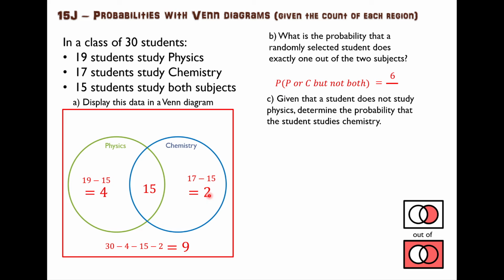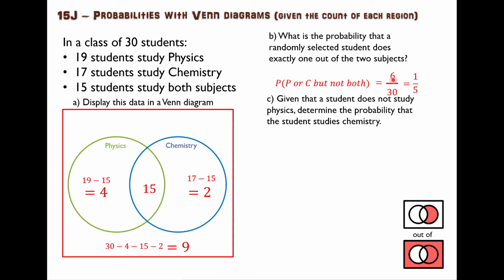So there are 6 students who study exactly one subject. Why don't these students count? These 15 students study both subjects, and we want the ones that just study one subject. So 6 students out of 30, and we can simplify that to be 1 out of 5 by dividing them both by 6.